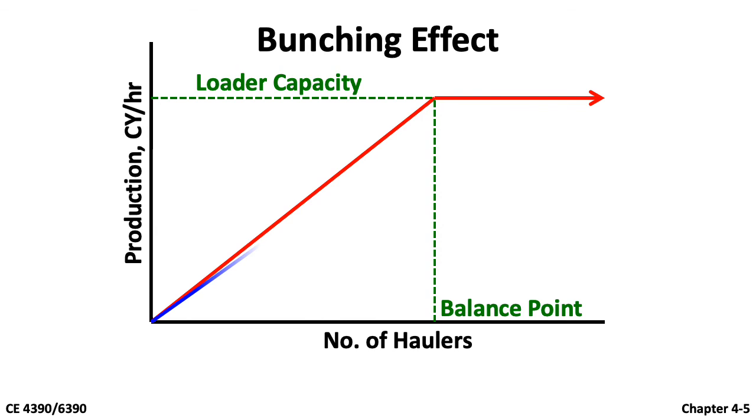This curve represents the bunching effects given different numbers of haulers. As I said, research shows that at the balance point, the bunching effect is maximized. It is about 10% to 20% loss in efficiency, and this effect is reduced by either reducing or increasing the number of haulers.